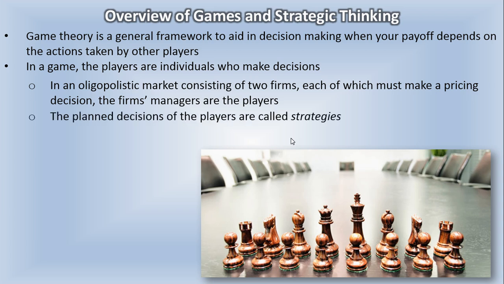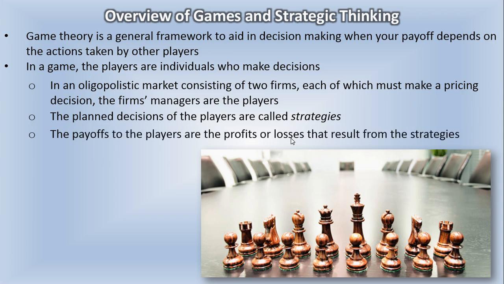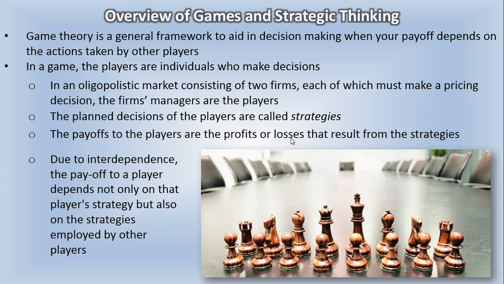The decisions of the players are their strategies. So if a manager can either choose to have a high price or a low price, those are their strategies. The payoffs to the players are the profits or the losses that result from the strategies. And due to the interdependence, the payoff to a player depends not only on the player's strategy, but also on the strategies employed by other players.